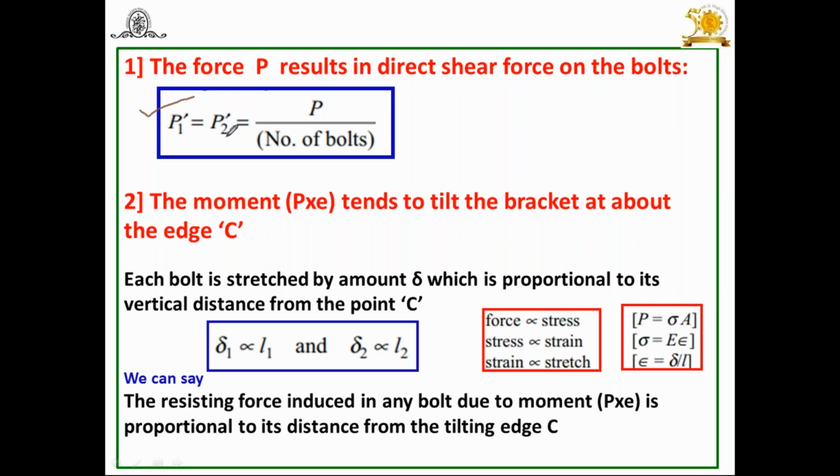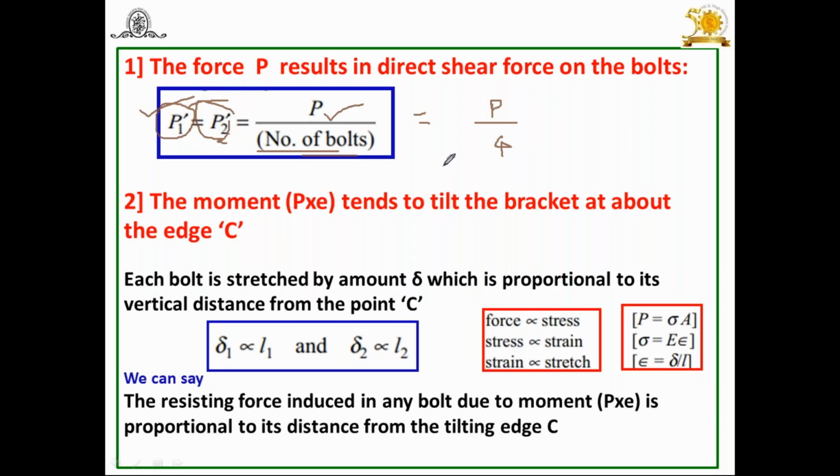P1 dash is equal to P2 dash is equal to P, the total load acting on the bolts, upon the number of bolts. In this case, 4 bolts, so you can write P divided by 4. So P1 dash is equal to P2 dash. P1 dash means direct shear force at position 1, and P2 dash means direct shear force at position 2, and all bolts are identical.